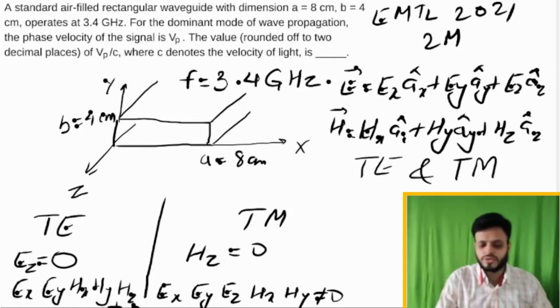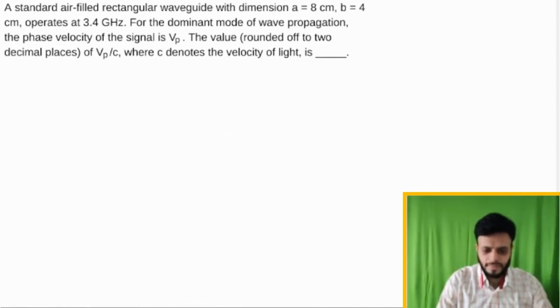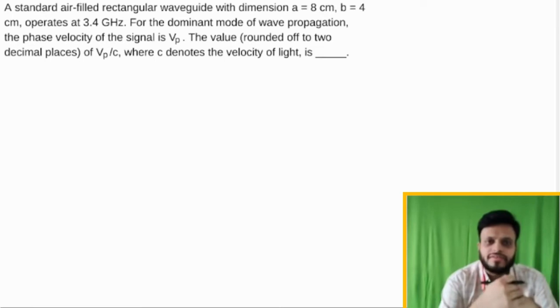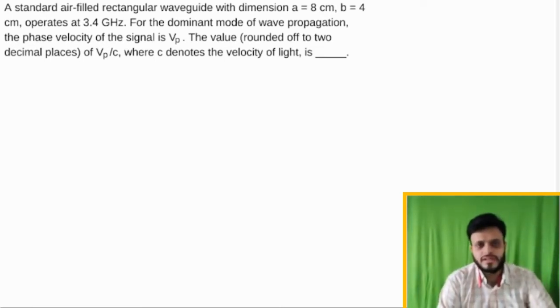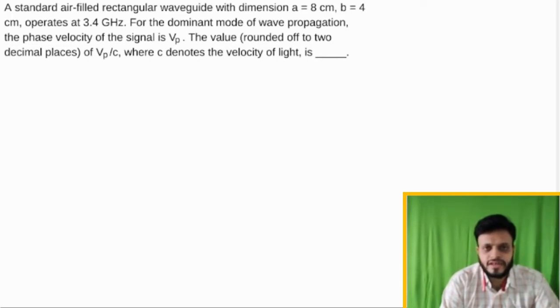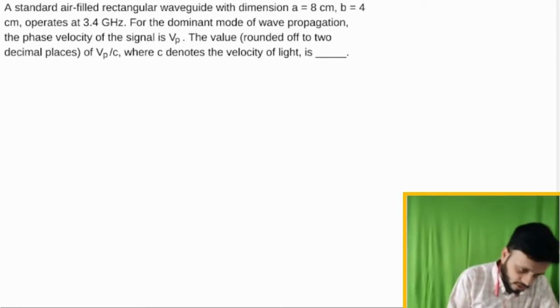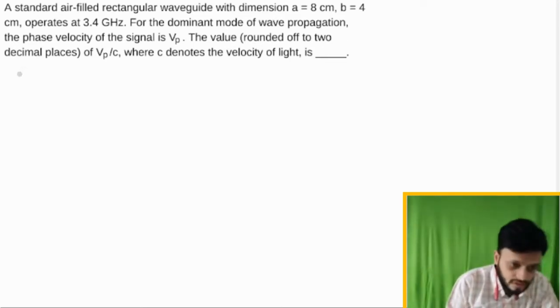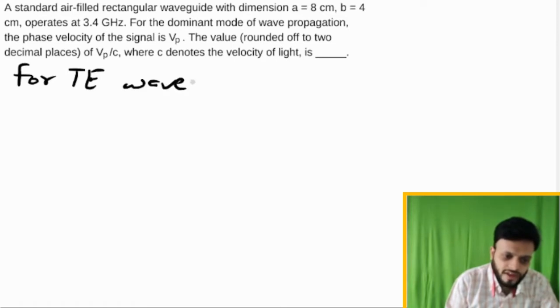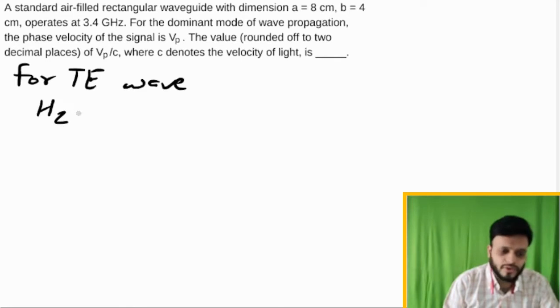So let us go to the next page, and let us go to the next concepts. Now you might have heard about the Maxwell equations. So after solving the electric field and magnetic field using the Maxwell equations, for your TE wave, let us consider your Hz component first.